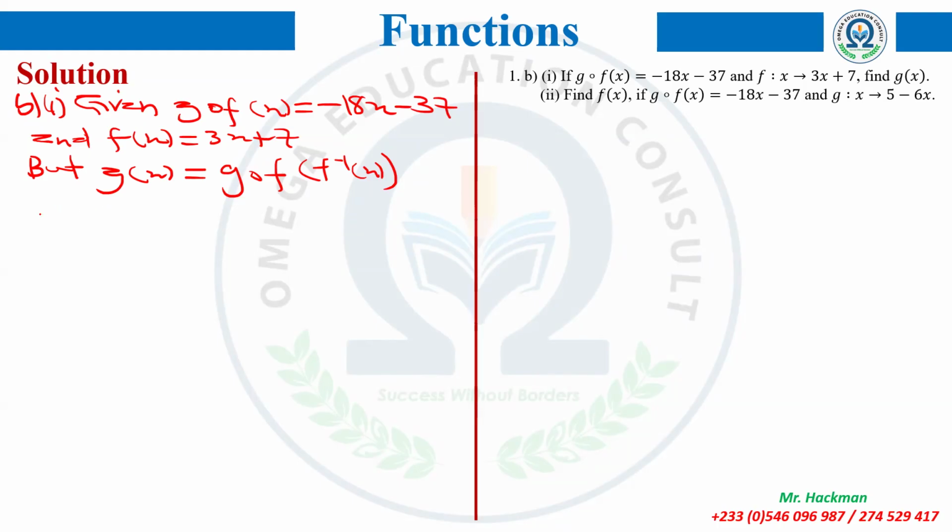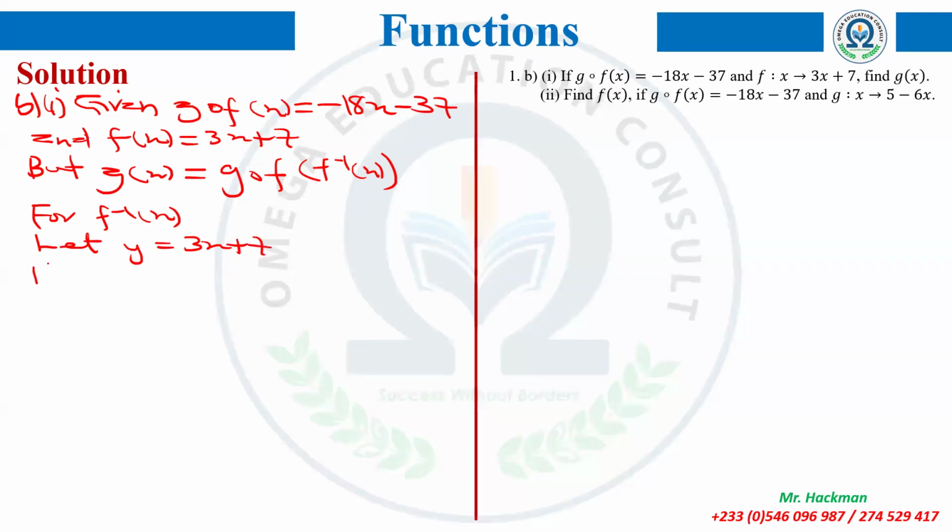So in this case, I'm going to write f inverse of x. What we did earlier was g inverse; we haven't done f inverse. We'll let y be equal to f of x. So we know the exact function. Let's quickly substitute that function. f of x is 3x plus 7.